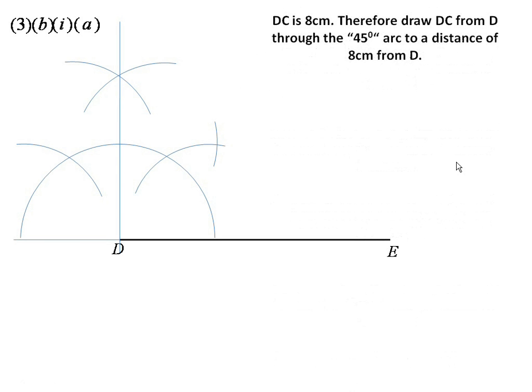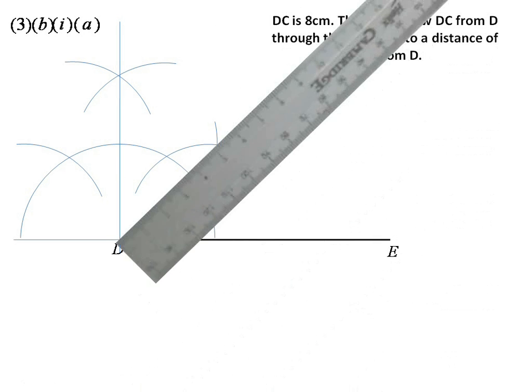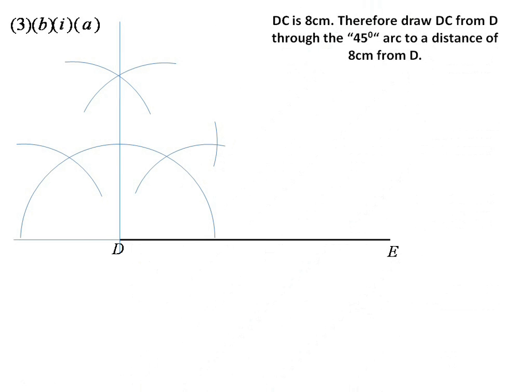DC is 8 centimeters. That's what it said. So what do we do? Draw DC from D through the 45 degrees arcs. So here marks the 45 degrees.